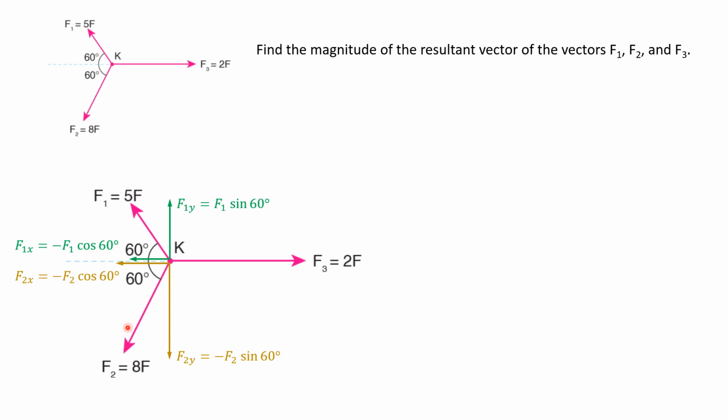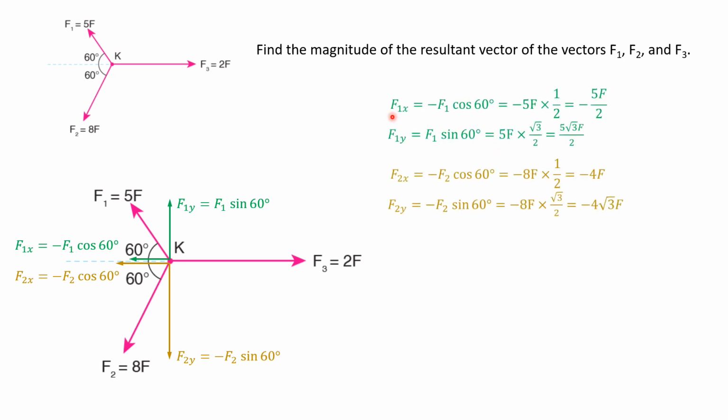So now let's try to find the magnitude of the resultant vector. Okay, so how are we gonna do it? First, let's write down and calculate each of these components. So F1x is going to be negative F1 cosine 60, we are given these values. So cosine 60 is 1/2, sine 60 is √3/2, and we can go ahead and calculate x and y components of F1.